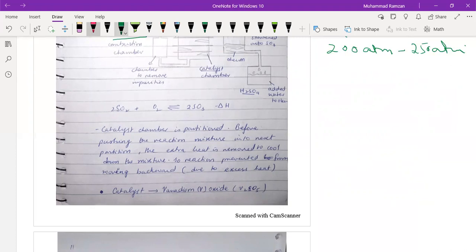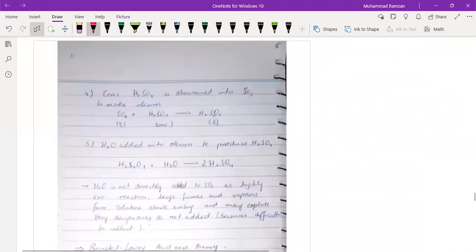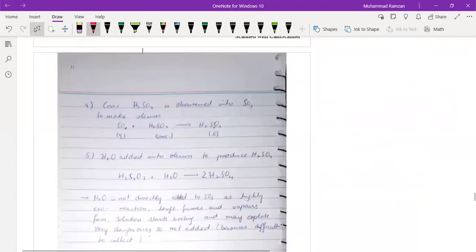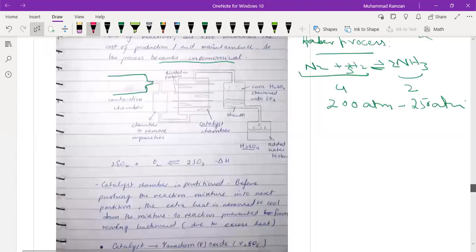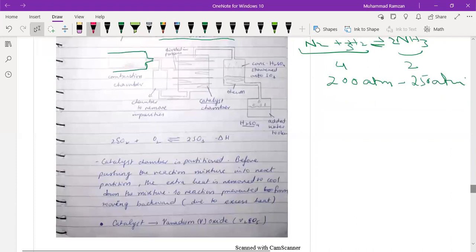Yeah. Now, there is also another improvement in this. If you look at the diagram, this is a catalyst chamber.